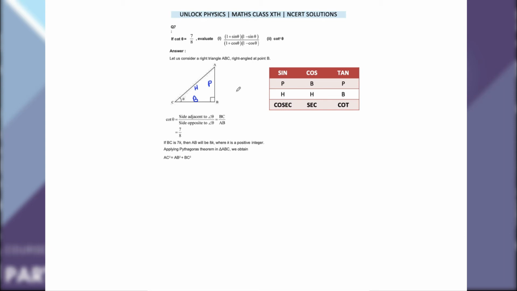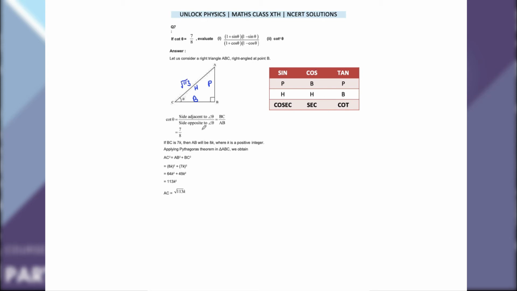Applying Pythagoras theorem in triangle ABC, we obtain AC square is equal to AB square plus BC square. Using the Pythagoras theorem, we compute AC to be root of 113k. So this is 113 under root.